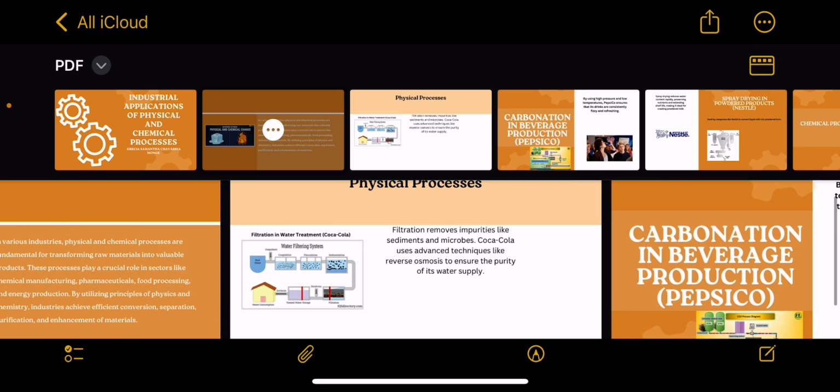Carbonation in beverage production at Pepsi. Next, let's look at the carbonation process, used to infuse beverages with carbon dioxide. It is performed at low temperature, from 1 to 5 degrees, to enhance gas solubility.